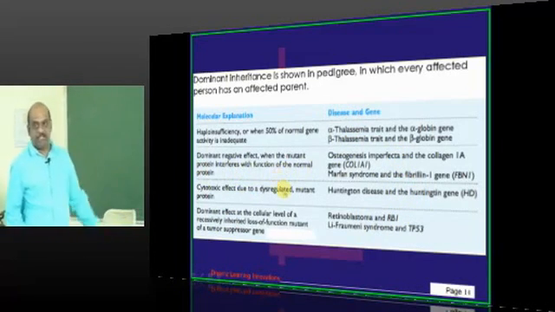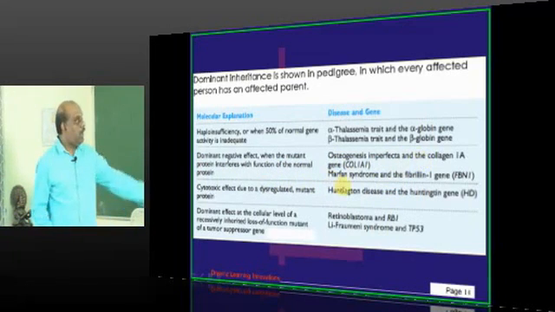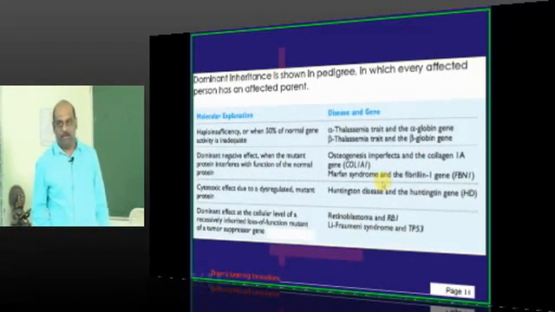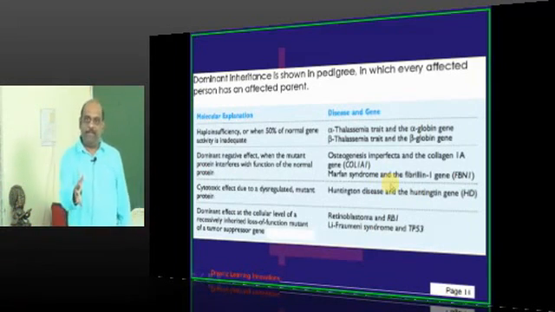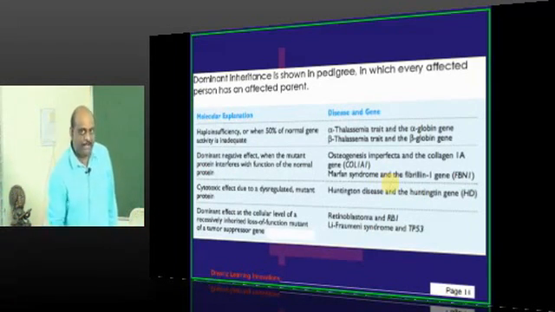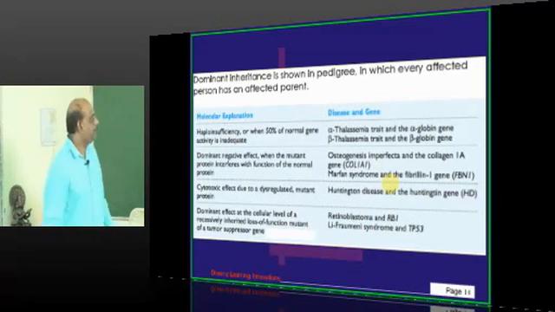Dominant negative effect: if you take osteogenesis imperfecta, or Marfan's syndrome, the 50% abnormal protein will interfere with the 50% normal protein in a heterozygote. That's the reason ultimately the disease will express.